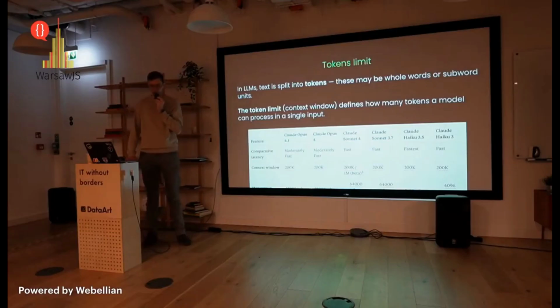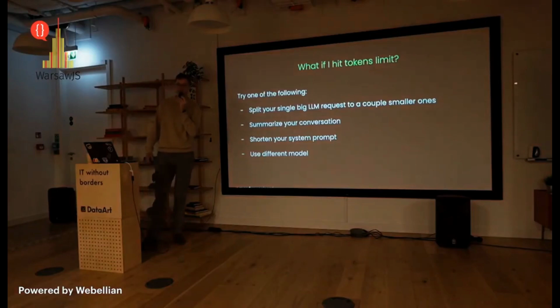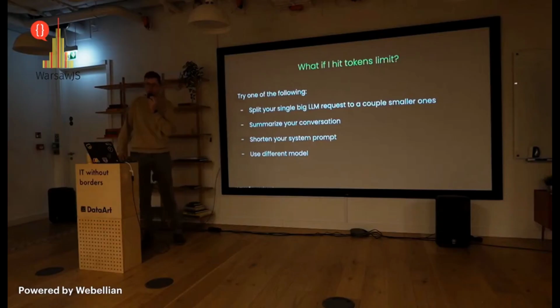So if you're hitting this limit, you could consider splitting one single big LLM call into a couple smaller ones. Or you can try to summarize the whole conversation, or shorten the system prompt if you have 80,000 characters, or just use a different model, because different models have different limits.